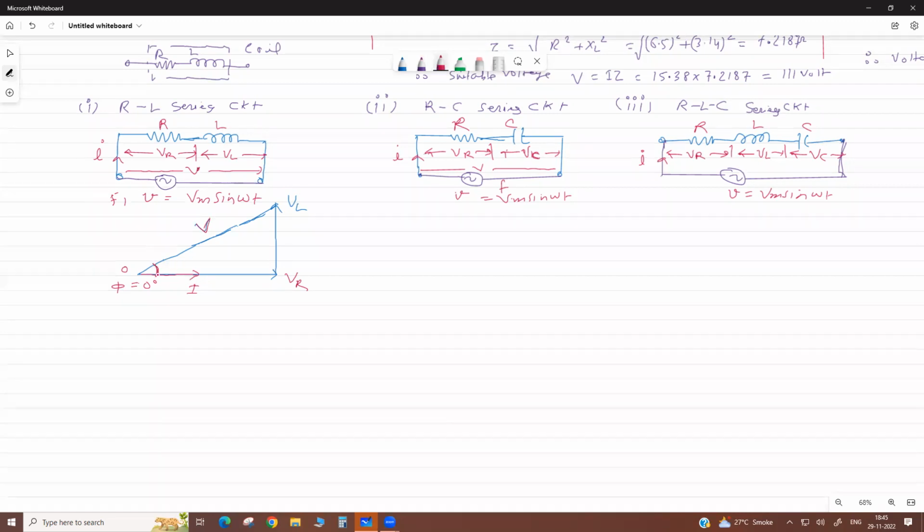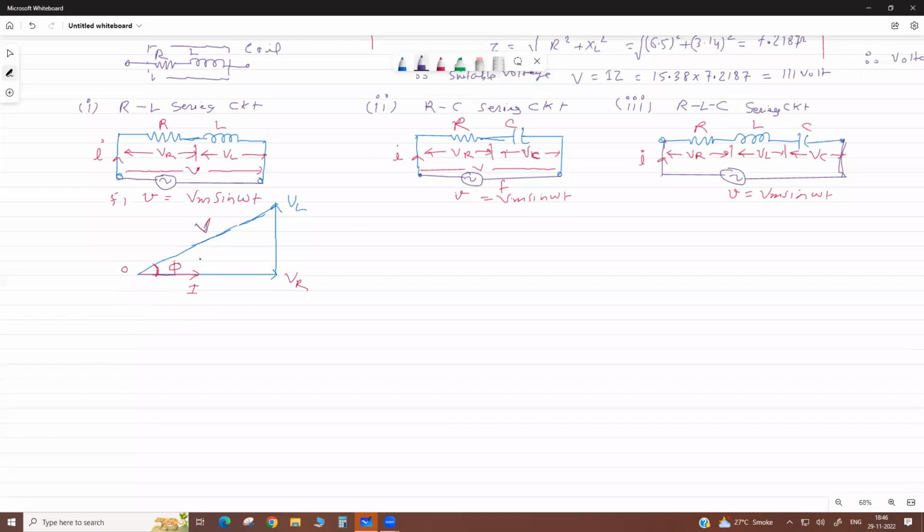Between total voltage and total current, this is the angle phi. For resistance it is 0, but overall, the phase angle of the circuit is phi. Then cos phi will be the power factor of the circuit, with power factor angle phi.